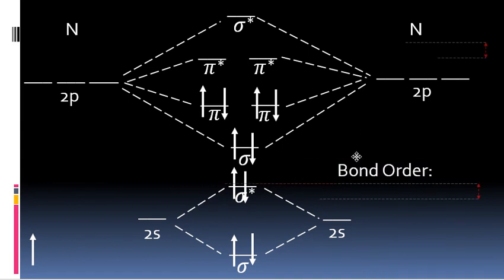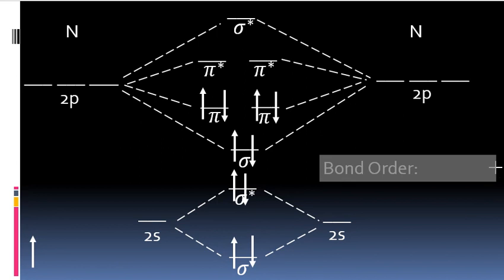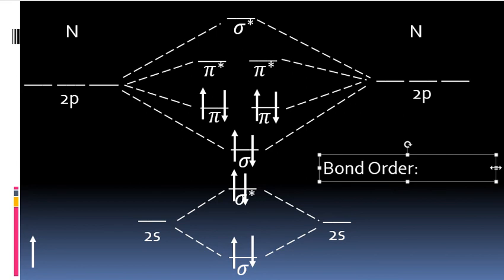So let's determine our bond order for a molecule of 2 nitrogen atoms bound together. As far as bonding electrons go, we have 2 electrons down here in the lowest sigma bonding orbital, but we also have a sigma bonding orbital and 2 pi bonding orbitals.